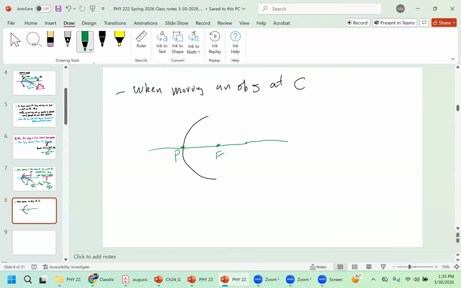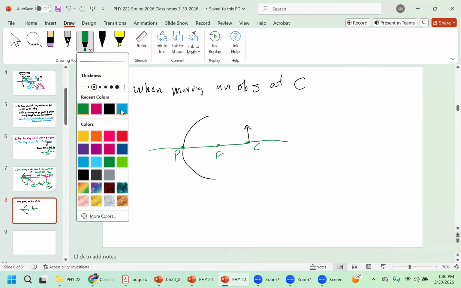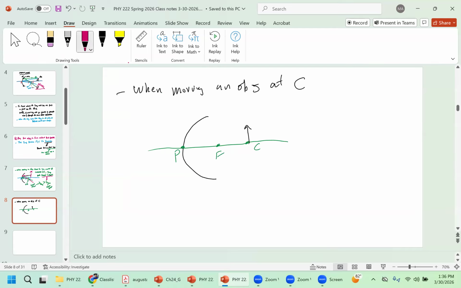Let's say here's my focus, here's my center, and we got the object going in at the center of curvature. Okay, so you're gonna have basically what we said. We get two rays. One that's going through the focus, one going through the pole. So this one goes through the pole.